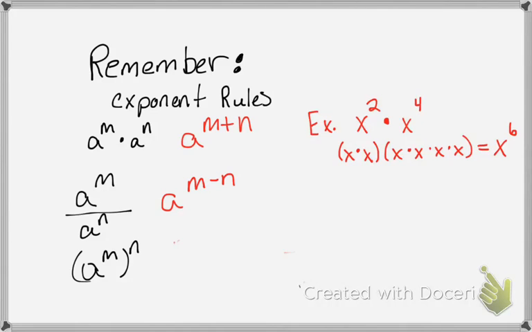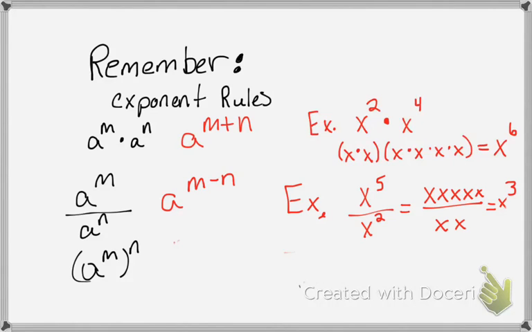If I have a to the m over a to the n, that tells me to subtract the two exponents. Just a little Algebra 1 reminder. If I had x to the fifth divided by x squared, I would have 5 x's on the top and 2 on the bottom. 2 of them would cancel out, leaving me with 3 x's.